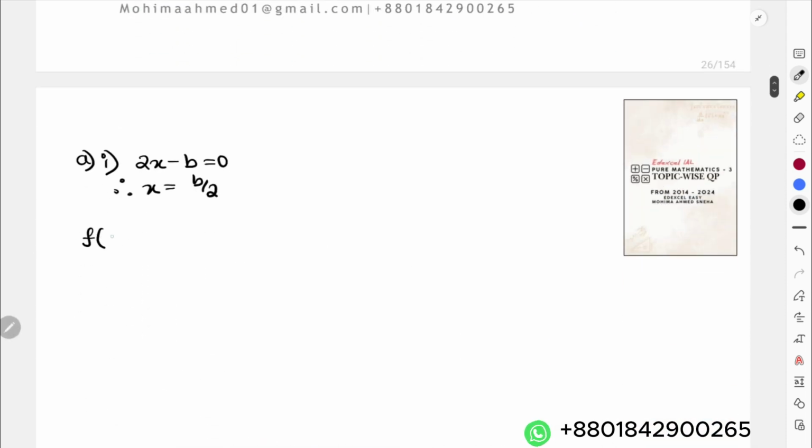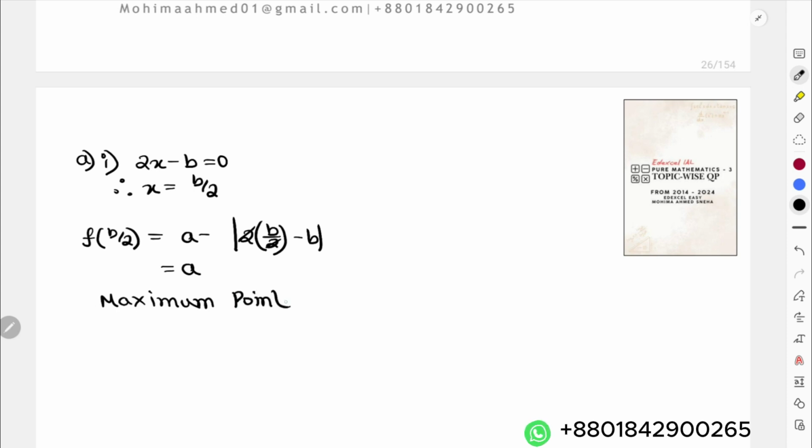So f of b by 2 is going to be a minus modulus of 2b by 2 minus b. This is going to be what? 2 and 2 cancels out. b minus b is just 0. So you get a. So this is your maximum coordinate, right? Coordinate for the maximum point.